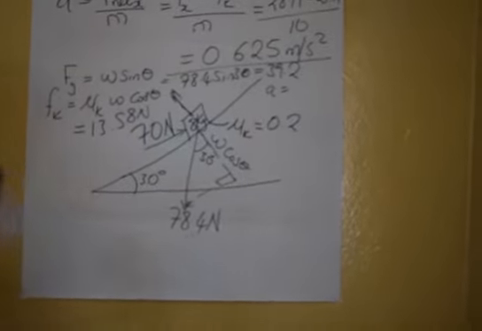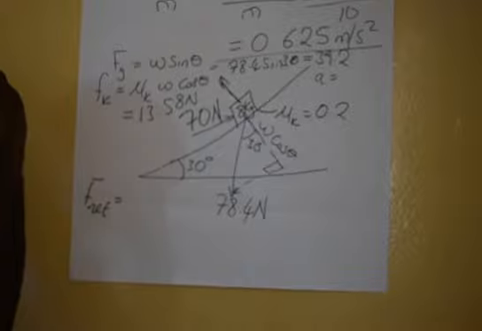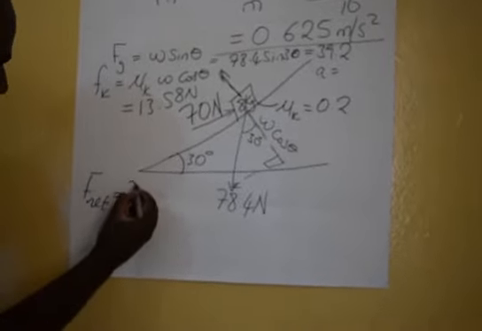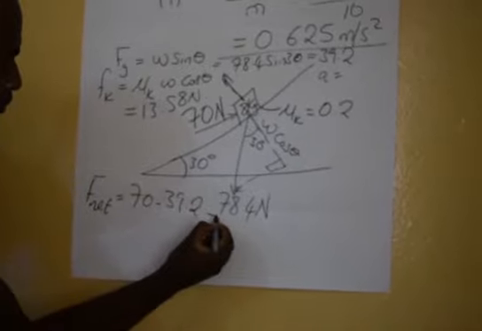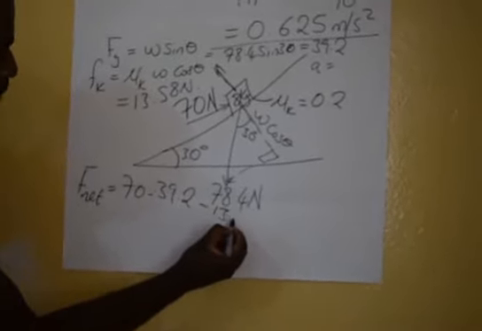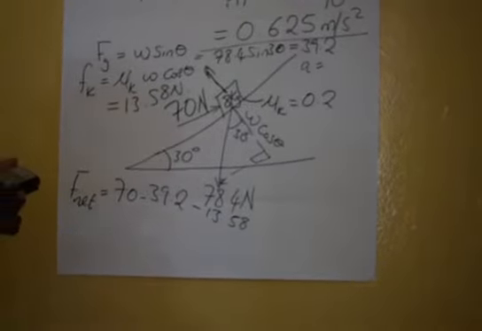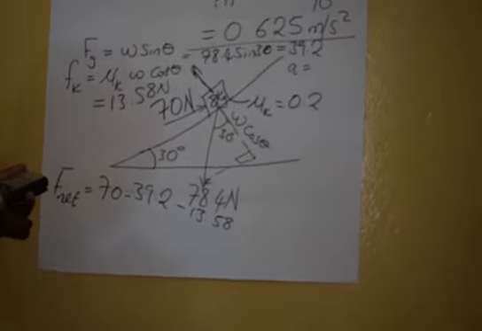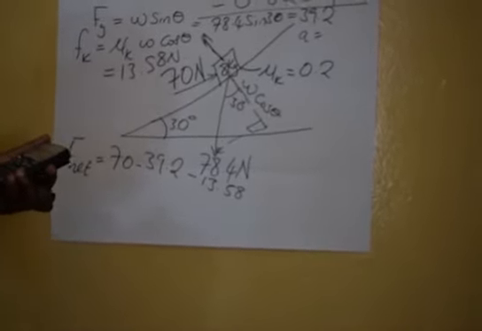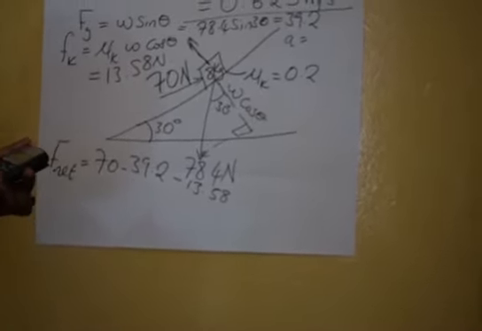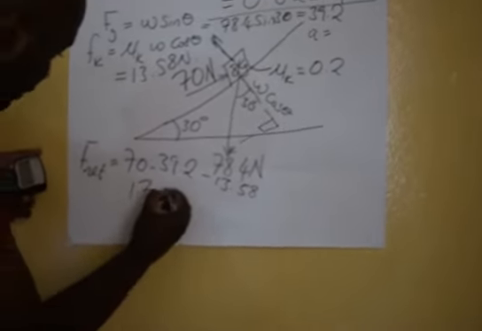So to get your net, you say 70 minus 39.2 minus 13.58. This is your net. So that's what you do. So you get something like 17.22.